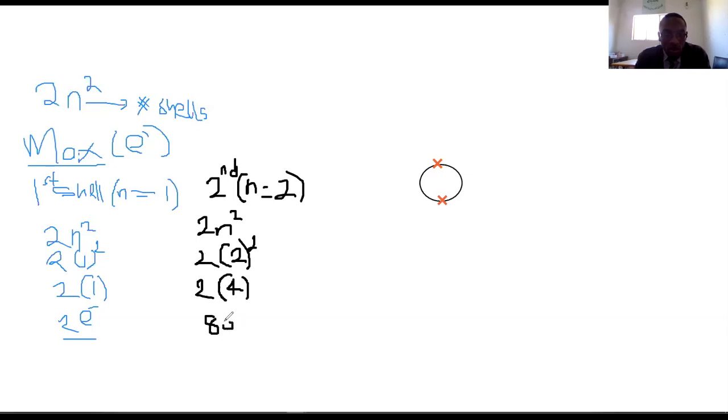So meaning that the maximum number of electrons, remember we're talking about the maximum number of electrons in the second shell, should be 8.